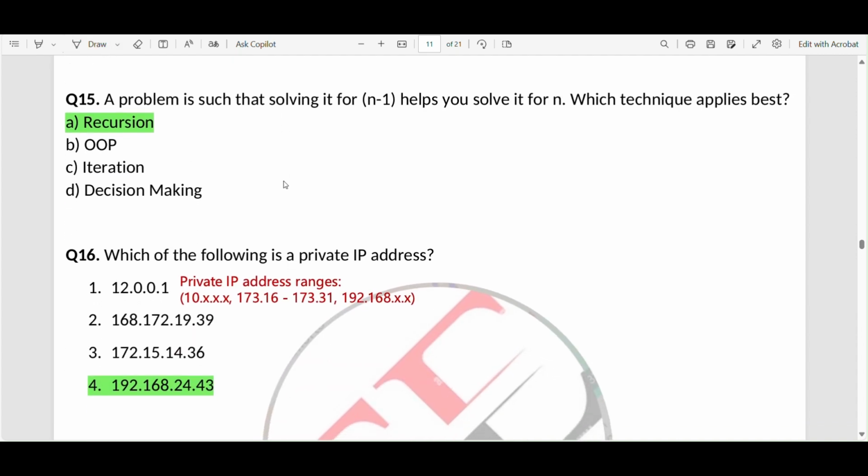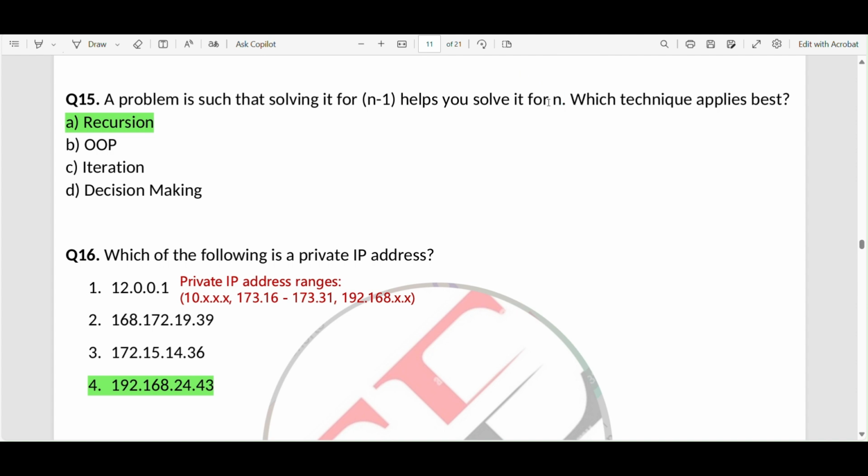And going to the next question, we are having a problem such that solving it for n minus 1 helps you solve it for n. Which technique applies best? See, n is a problem first, so when you solve for n minus 1, then it helps in solving n.